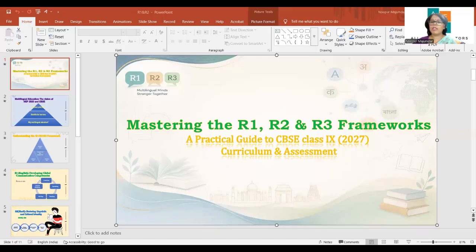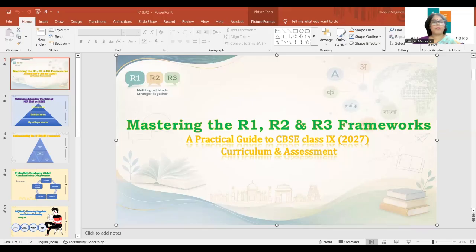If a student knows multiple languages, it's his or her strength rather than a challenge, dear educators. So in alignment with this vision, CBSE has introduced the R1, R2 and R3 language framework for the students of class 9 from the year 2026-27.